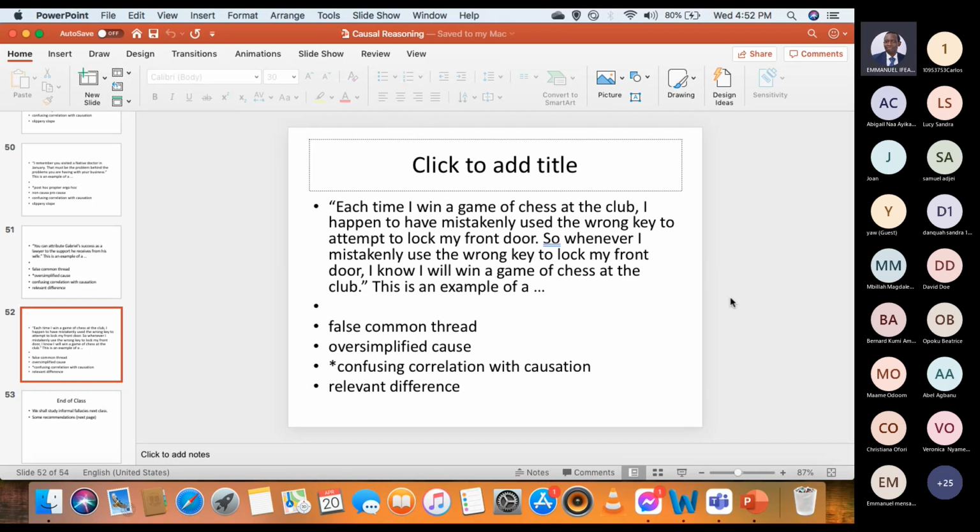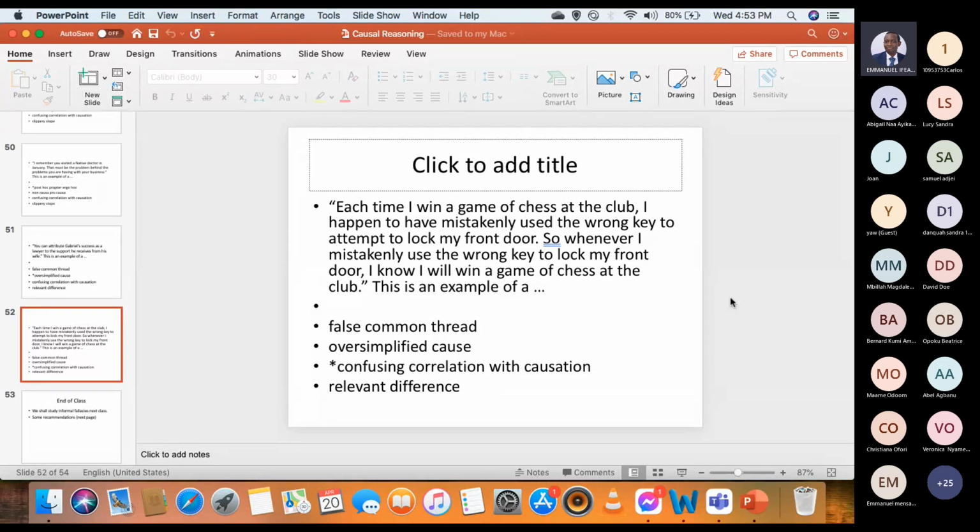You're arguing that it could be a false common thread because mistakenly unlocking his door is something that runs through the cases of his game of chess. I think an argument could be made in that direction.